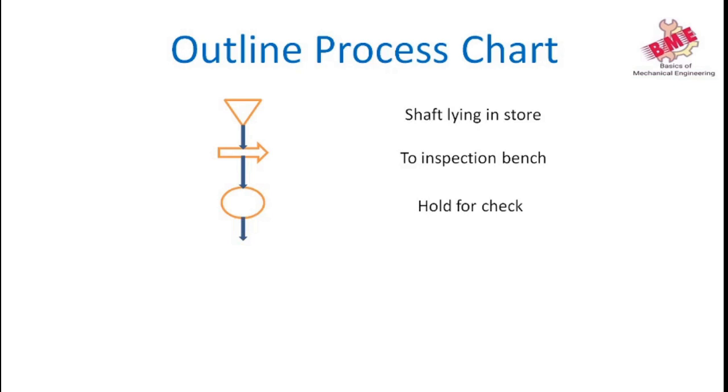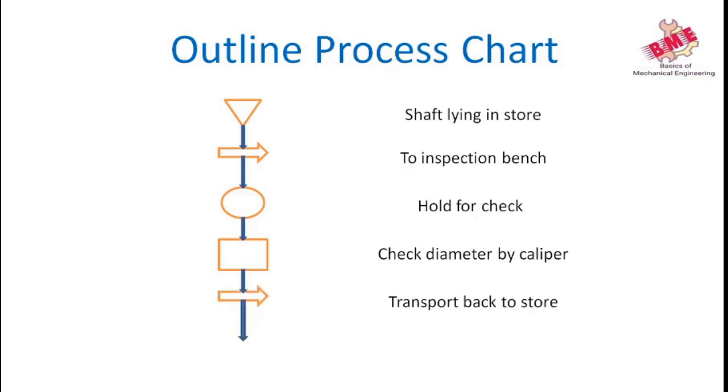After holding the shaft, we have to inspect its diameter by vernier caliper, which is shown by a square symbol. After checking, we have to shift that job again to the storeroom, which is shown by an arrow, and it is placed in a rack in a storeroom or a warehouse, which is shown by a triangle symbol. This is a simple example of an outline process chart.